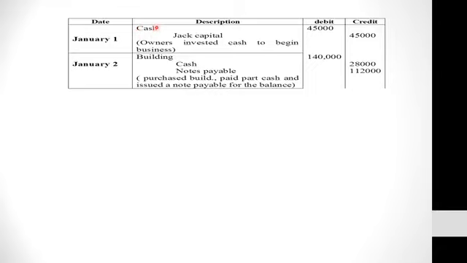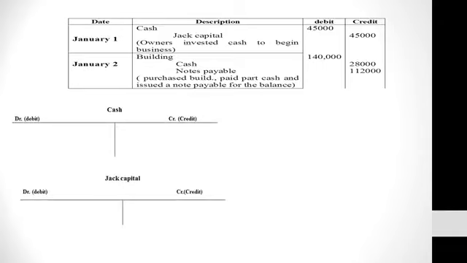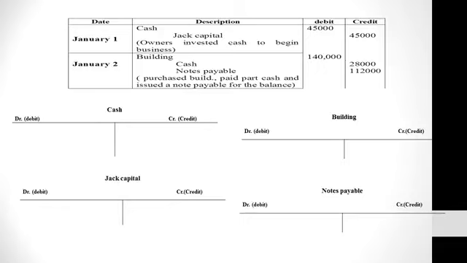We have cash 1, capital 2, building 3, cash again, we are not going to count it, so notes payable 4. We have 4 accounts, each account is counted once. So we're going to open 4 T accounts: one for cash, one T account for capital, one T account for building, and one T account for notes payable. And we start in order.